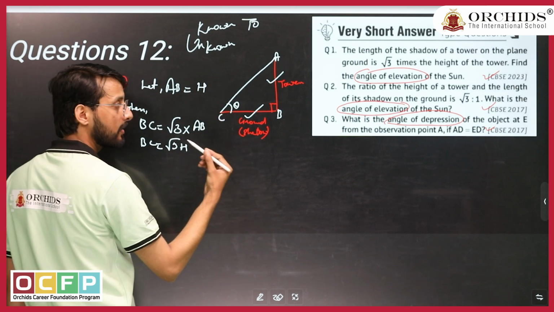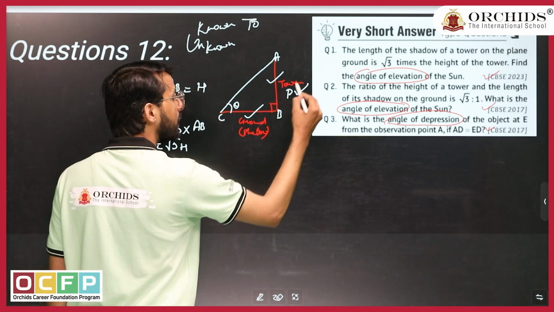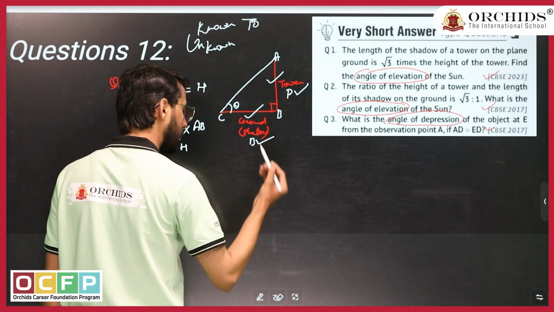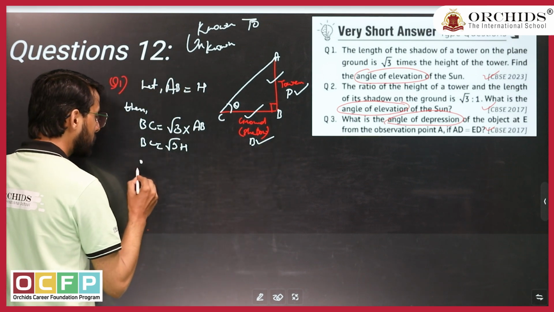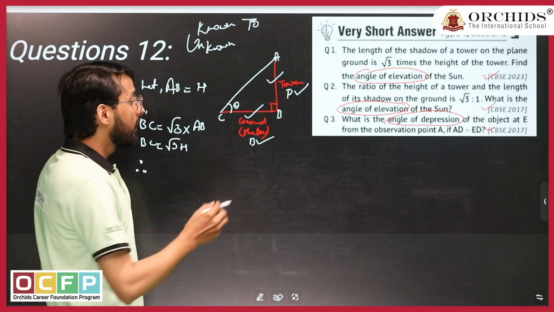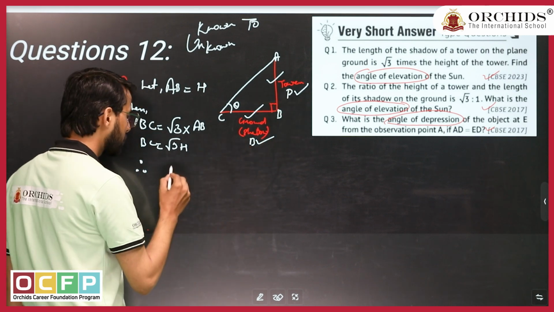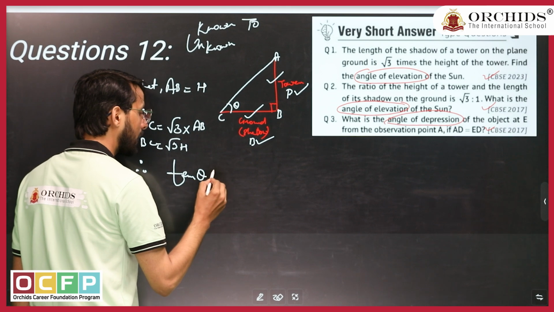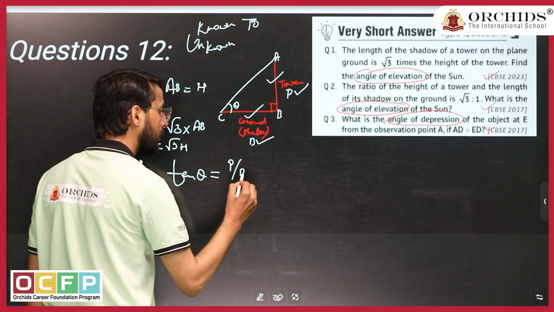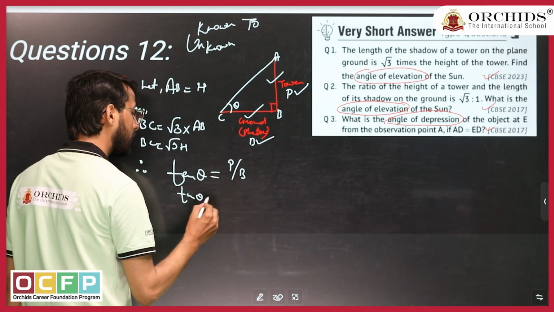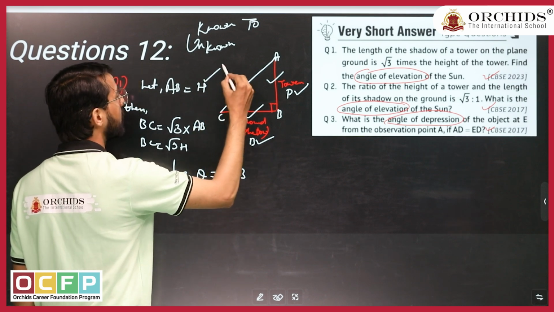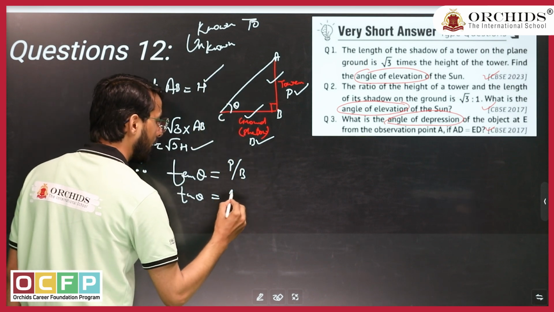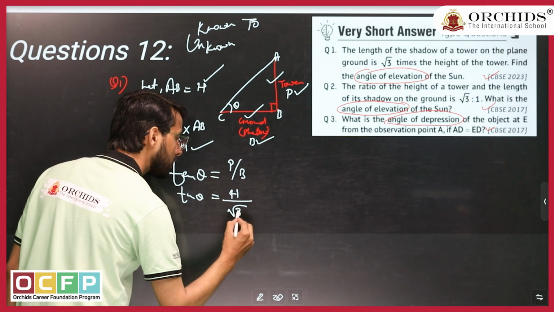So theta is missing, perpendicular we know now, and the base also we know now. Which trigonometrical ratio relates the perpendicular and base? We know tan theta is equal to P by B. So tan theta, perpendicular value is this and base value is this: H upon root 3 H.